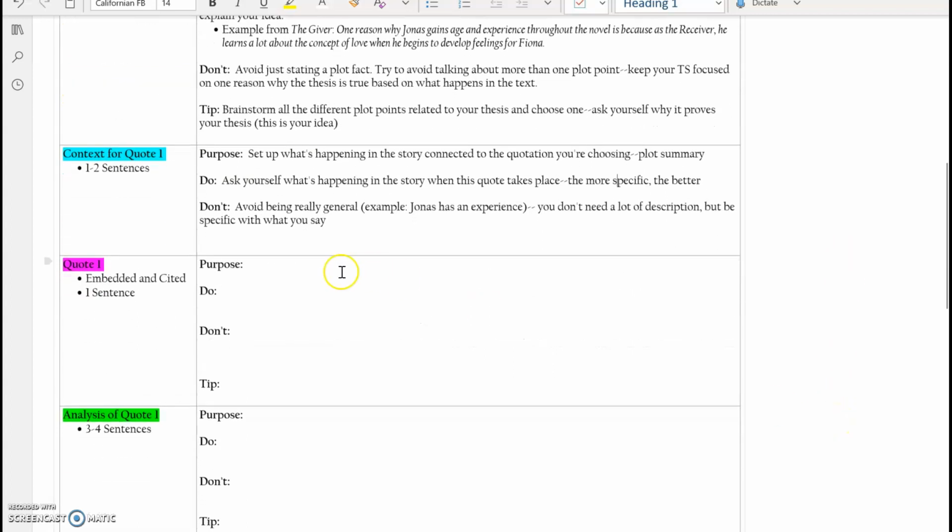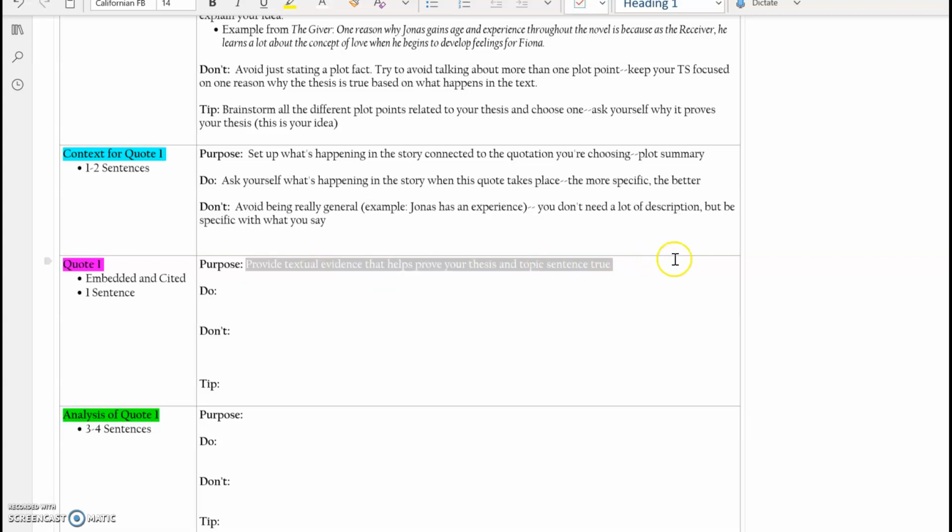When you bring in your first quote, it's always a good thing to think about it as a single sentence. You're going to embed and cite your quote. We've talked about citing a little bit, but we'll talk about it more when we do our embedding lesson. Embedding is going to be a whole separate activity and lesson because it's a really important skill.